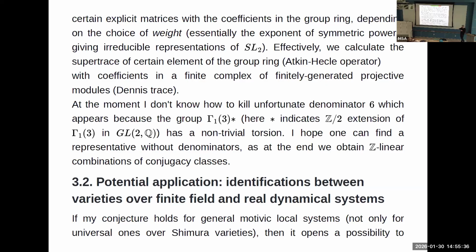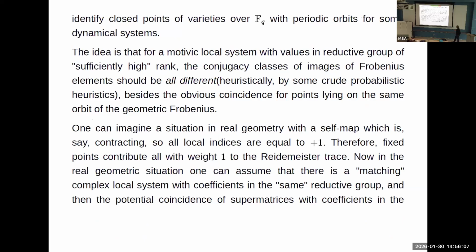But if the motif is more complicated, or the group has rank bigger than one, bigger than the dimension, then you get these traces of Frobenius, so symmetric powers of Frobenius will be much larger integer numbers. There will be so many such numbers that there's very little chance that they coincide unless you sit on the orbit of Frobenius, because you get more possible characteristic polynomials than numbers of points in the field.